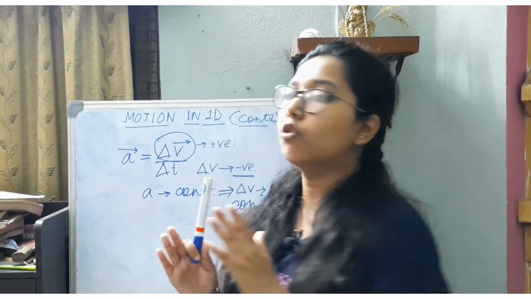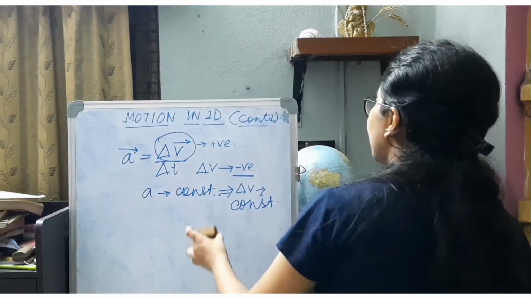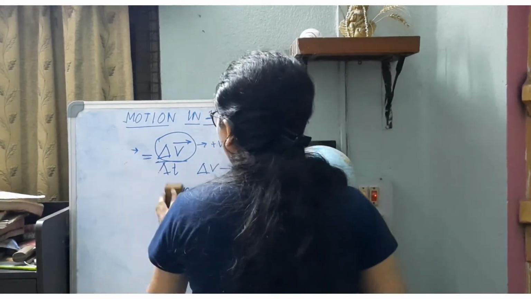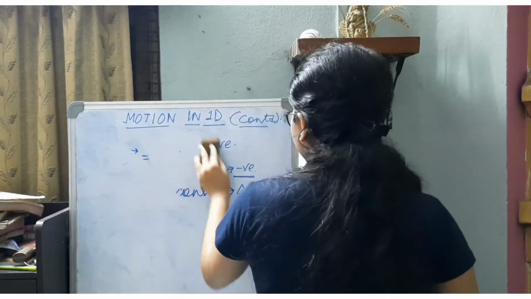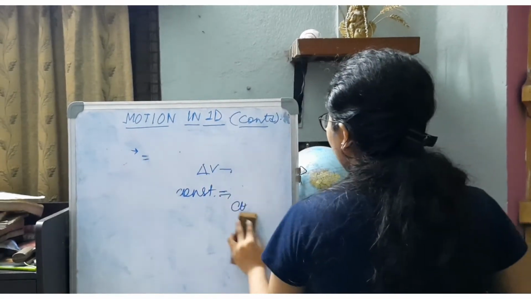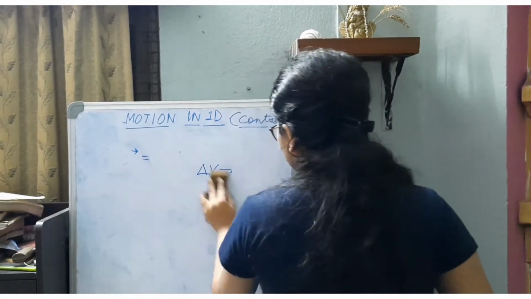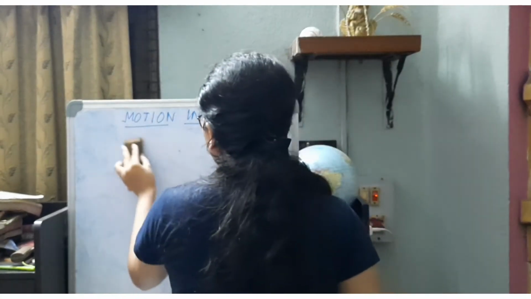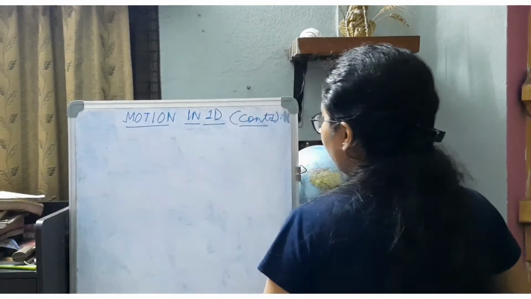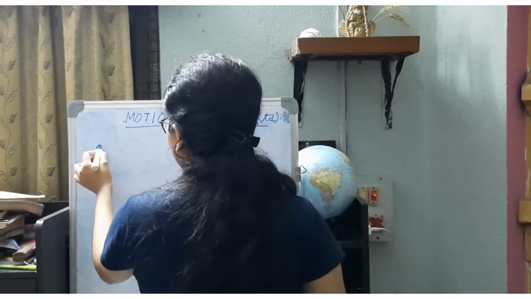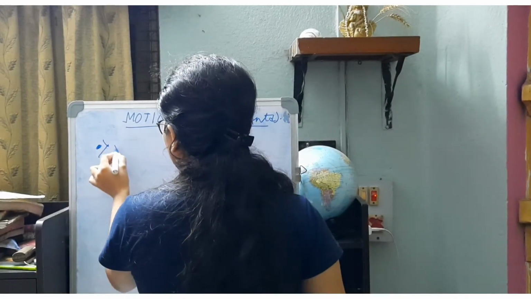So what are the most important equations on uniformly accelerated motion? The first one is v equals u plus at. I am just writing them down and then we will derive each of them.